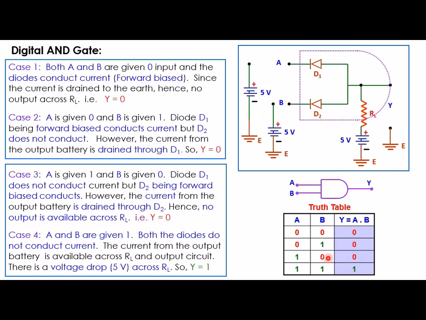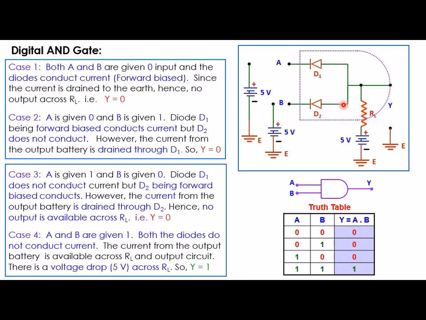And this truth table is representing the logical statement of AND operation, which says that output will be equal to 1 when A and B both are equal to 1. That is the logical statement of AND operation, and this truth table is justifying that logical statement. Now since this truth table has been arrived from this digital circuit, this digital circuit is called the logic gate for AND operation, or the AND logic gate.